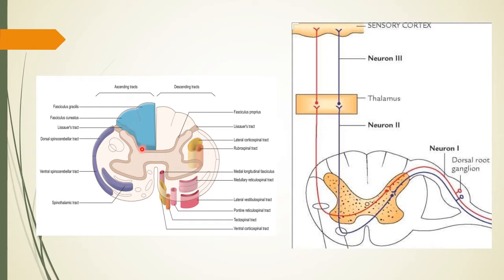So we can divide the ascending tracts into tracts of the anterolateral white column and the posterior column tracts.